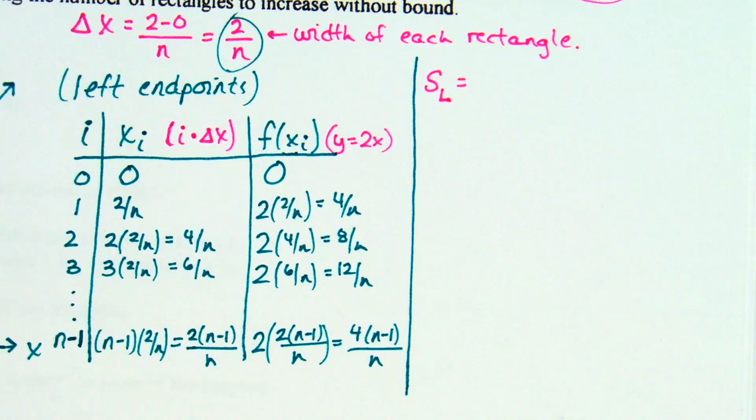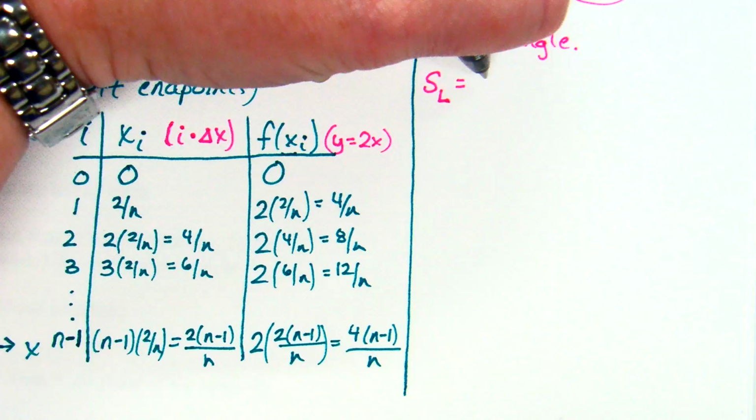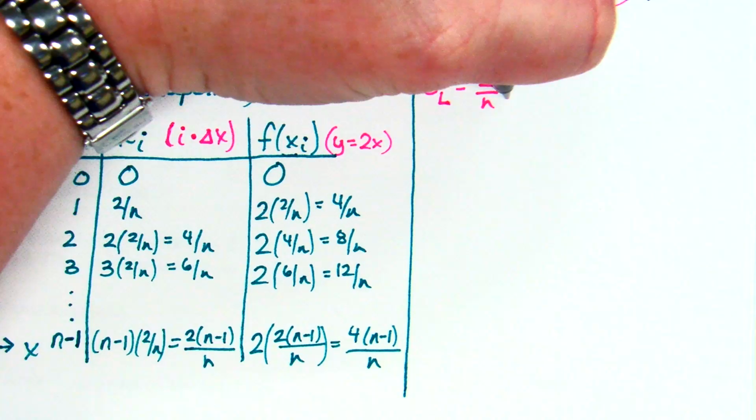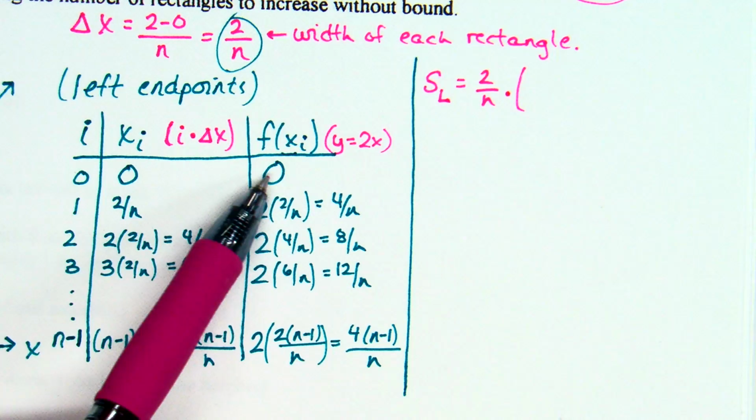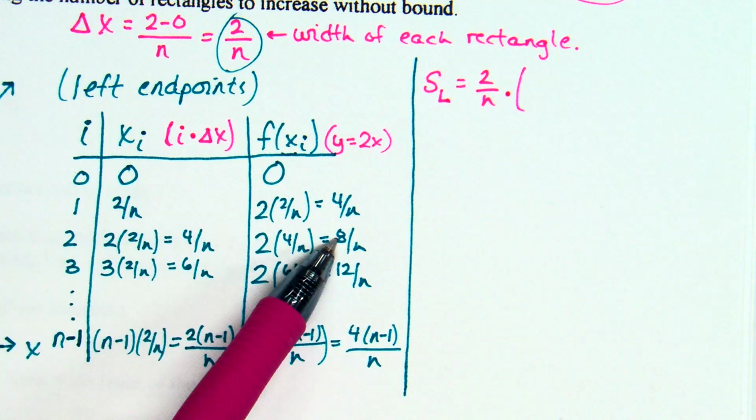So the 0 plus 4 over n plus 8 over n plus 12 over n plus dot, dot, dot, plus this. And so what I'm going to write out right here is those added. So it's 0 plus 4 over n plus 8 over n plus 12 over n, dot, dot, dot, plus 4 times n minus 1 over n.